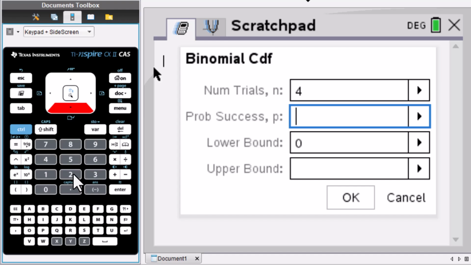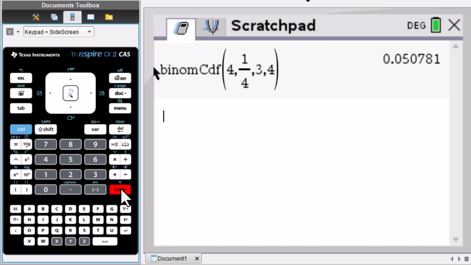Probability equals 1 divided by 4. Lower bound is 3. Upper bound is 4. Or you can put a really big number here. You will get the same answer. The answer is 0.0508.